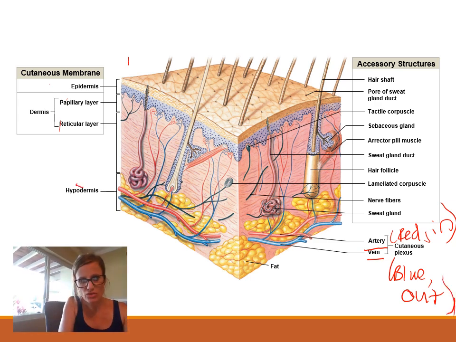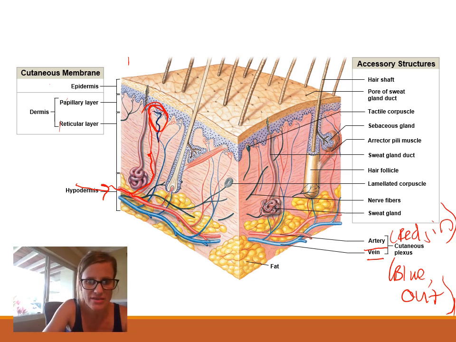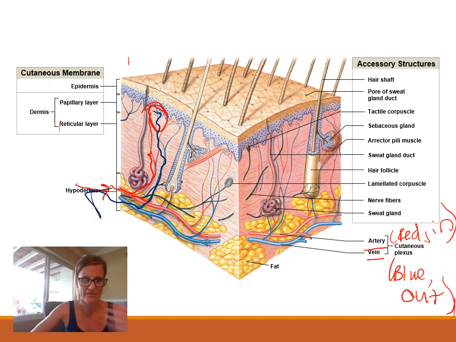Notice that these red vessels, these arteries, bring blood in through the hypodermis, right? They branch and spread out through the dermis. And you'll notice that the blood vessels come right up to the very top of the dermis. And then they turn into veins, the blue ones, and they go back out again. They go down and they leave.